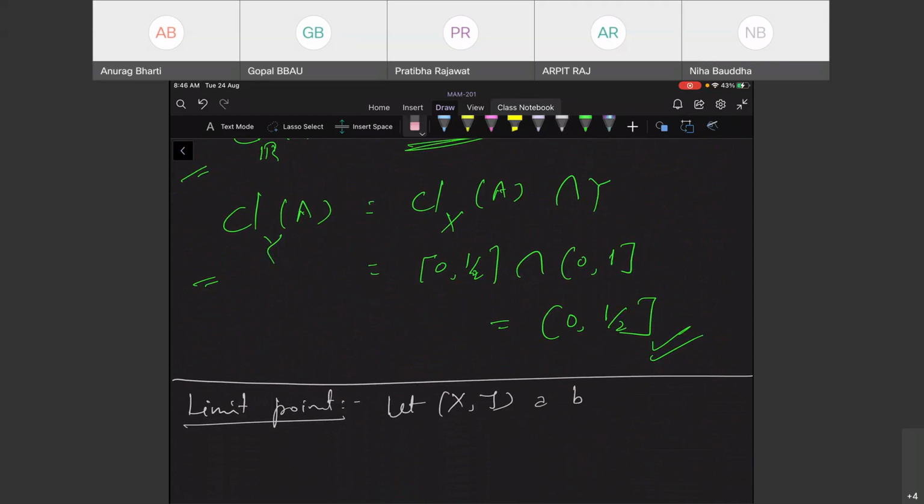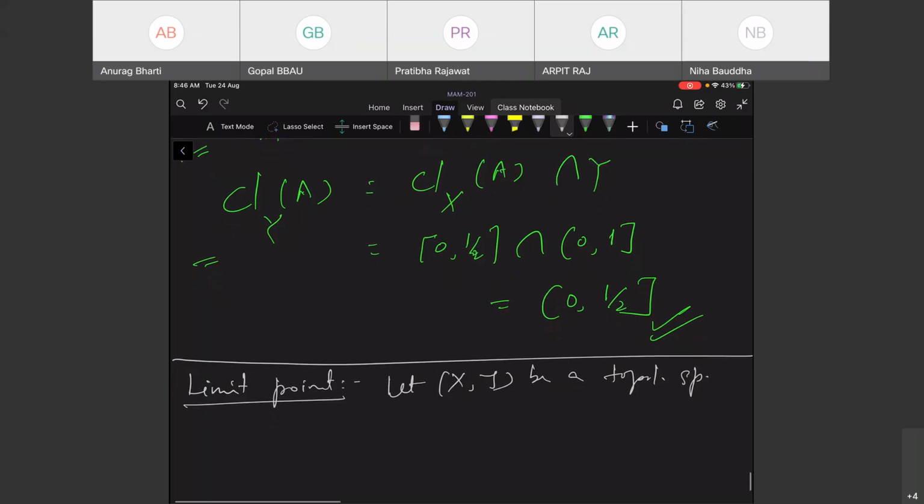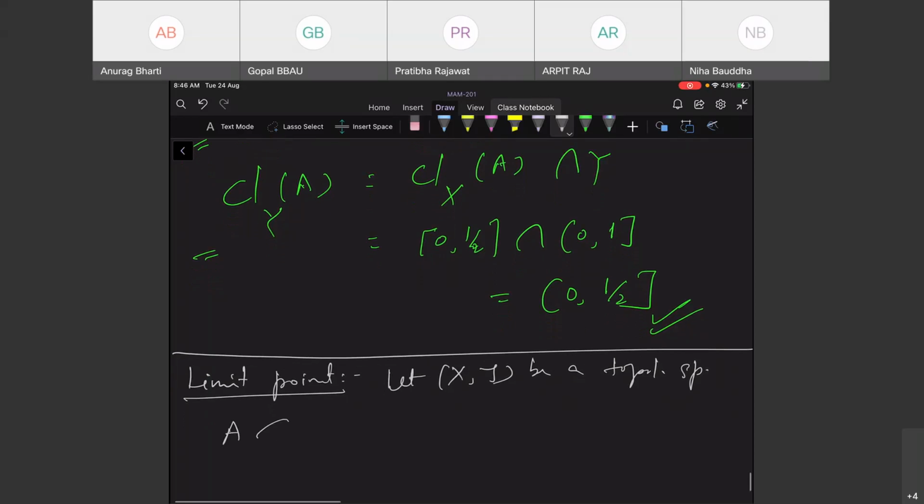Let tau be a topological space, and we have a subset A of X, and let x in X be any point.